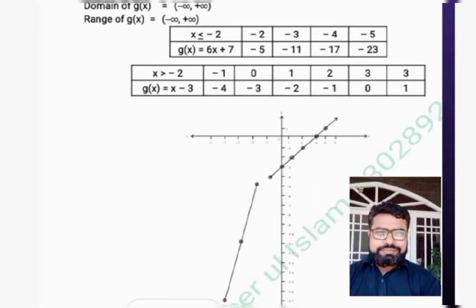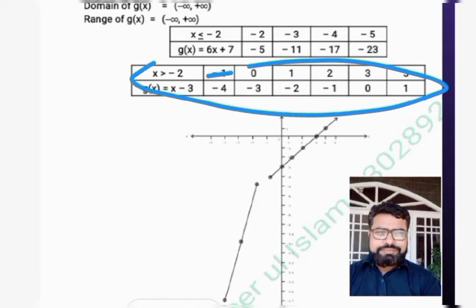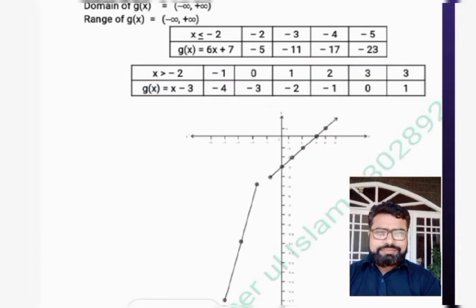Now we will plot the graph of this function. At minus 1, it's minus 4, here is minus 1, and here is minus 4. So we have plotted a point here. And at 0, there is minus 3.